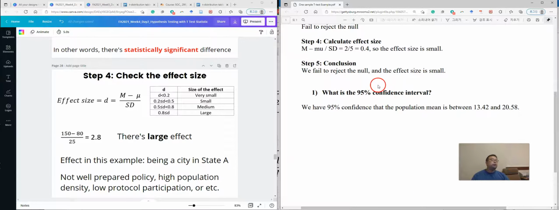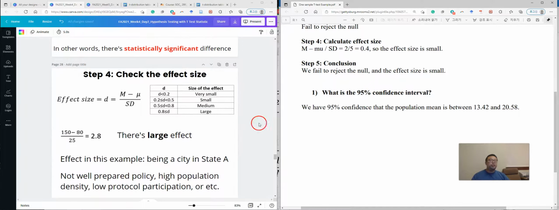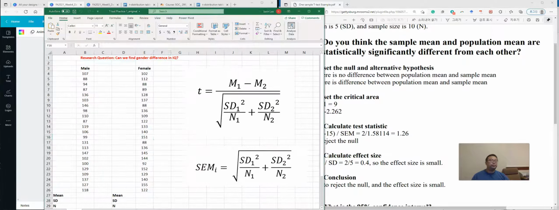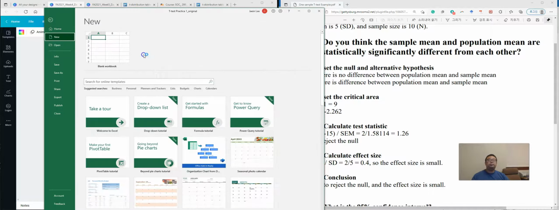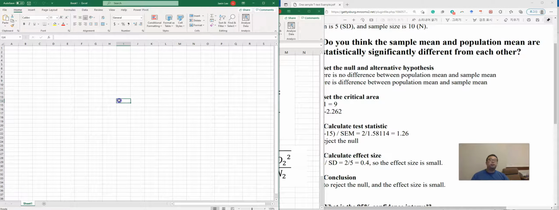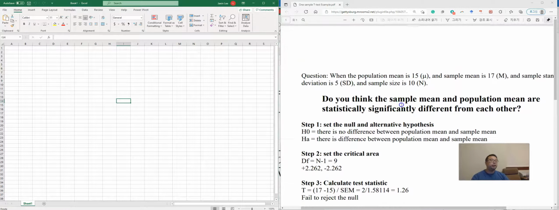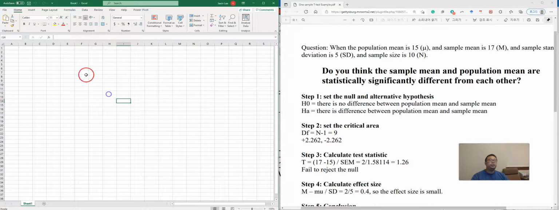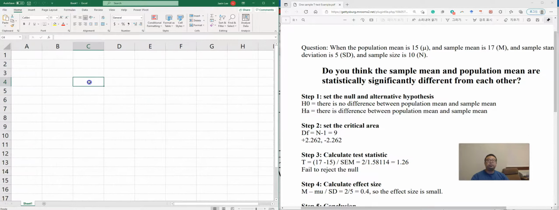And confidence interval, we can use other numbers, but let me show you. The confidence interval is calculated as sample mean plus minus. So what is the sample mean? The sample mean is 17, right?